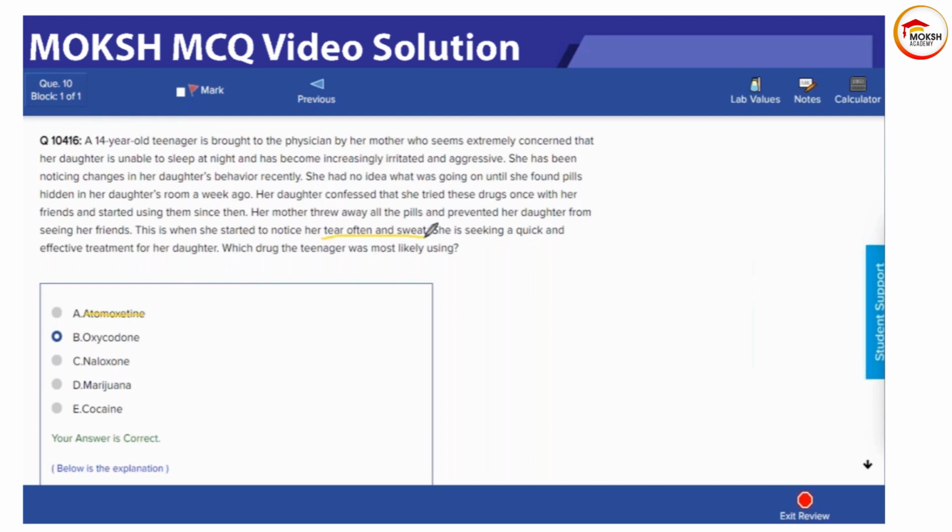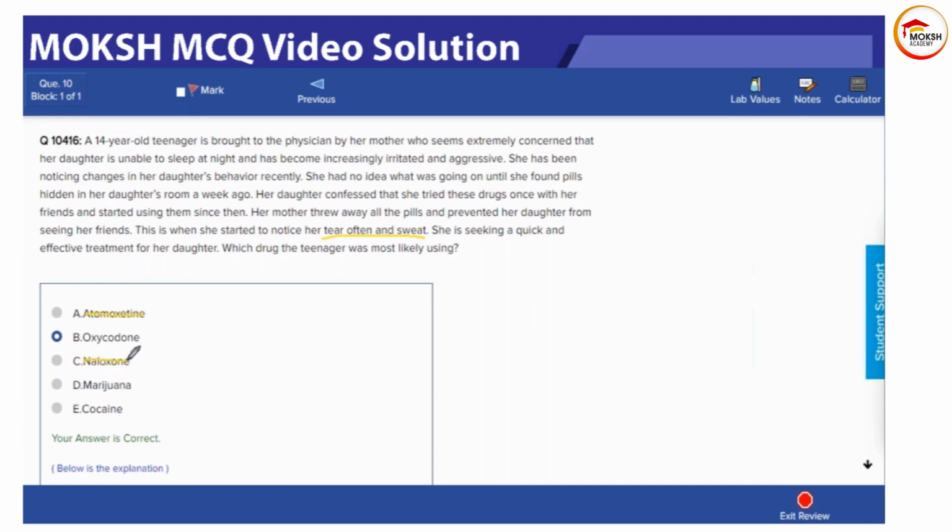This patient is tearing and sweating. It's probably the start of an opioid withdrawal. Naloxone is an opioid antagonist, so it makes no sense that she was using naloxone. Marijuana we know is weed widely used by people, and withdrawal from weed will cause opposite symptoms.